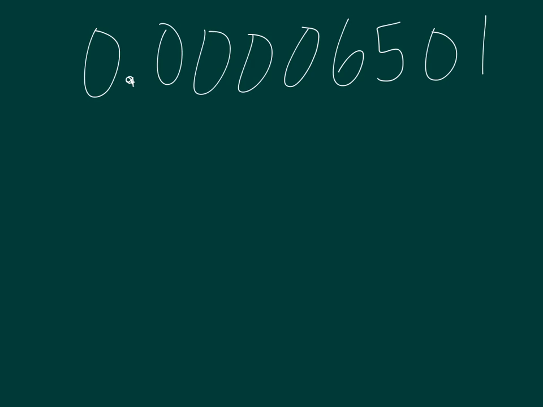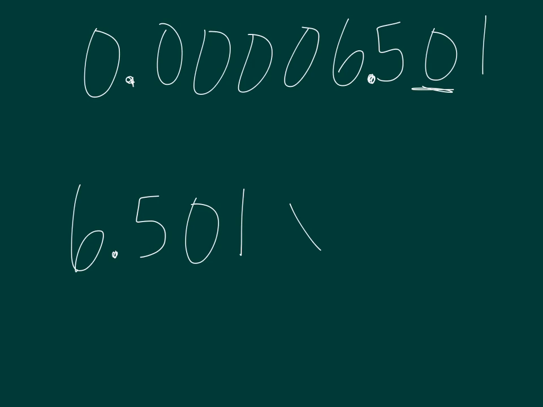So let me see where I could put my decimal point. Well, right here would be a really great spot between the 6 and the 5, because 6.5 something is between 1 and 9. So I'm going to go ahead and write that, 6.5. I need to include this 0 because there's another digit that's not a 0 after it. So 0 and 1. I have all of my numbers.